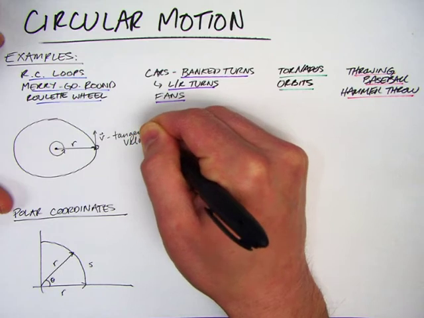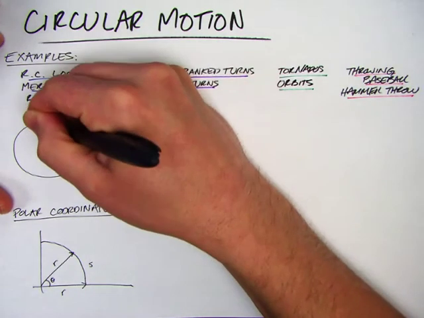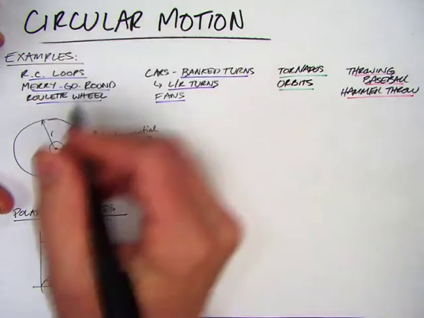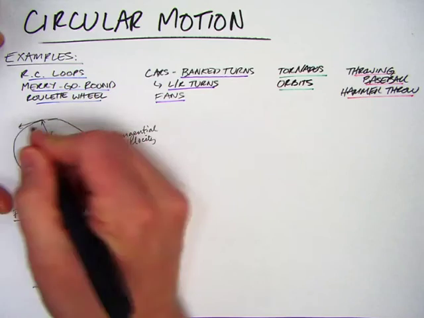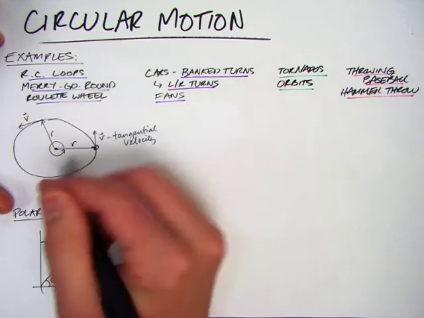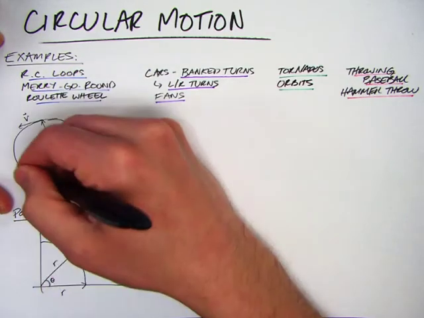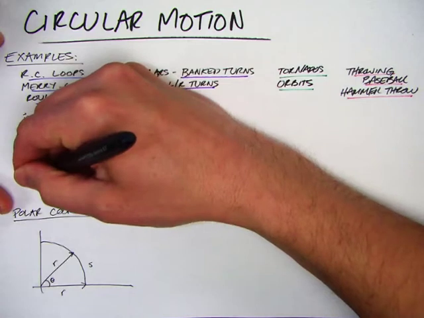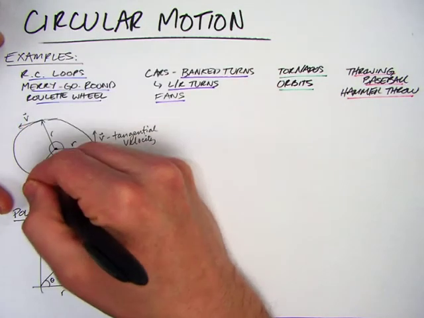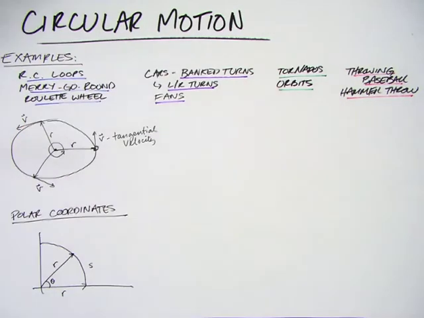Now, as it rotates around to other spots in its circular path, that velocity changes direction. But we know the direction that it's pointing at any given time is tangent to the circle based on taking a small view of that circular path. If you focus in on that instant, it's moving in that direction.